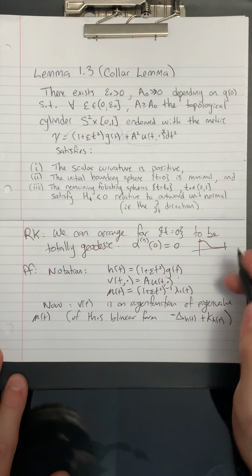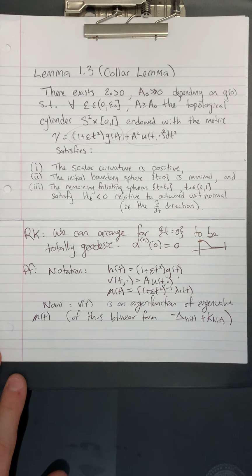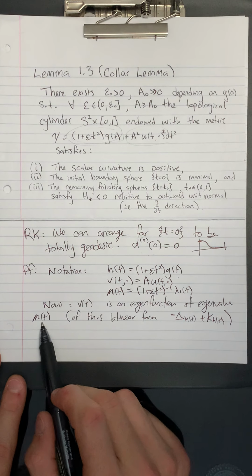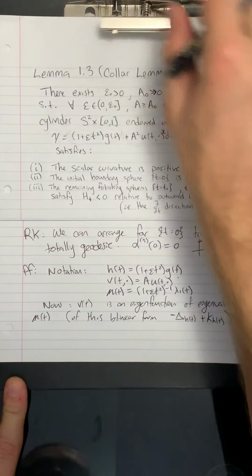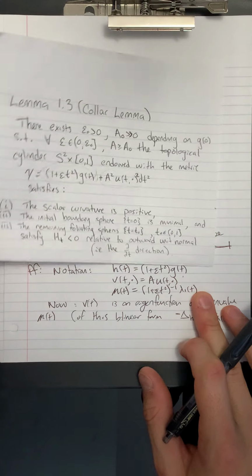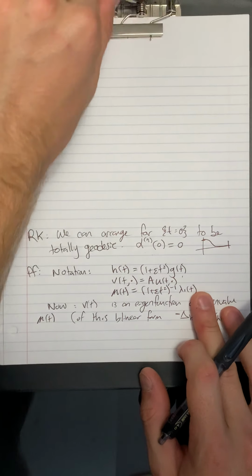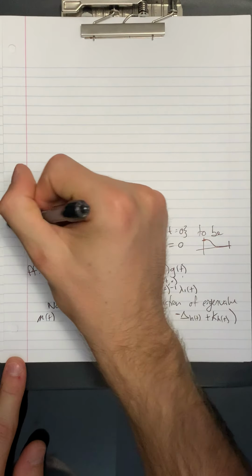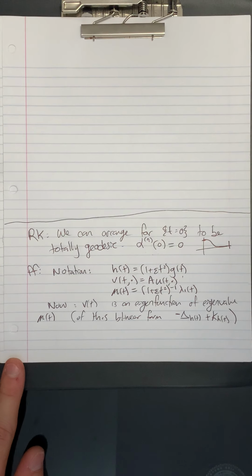So v is an eigenfunction of eigenvalue mu of t. Before I proceed, let me get some more space. I'm going to save that for later. This is just going to make the computations easier.